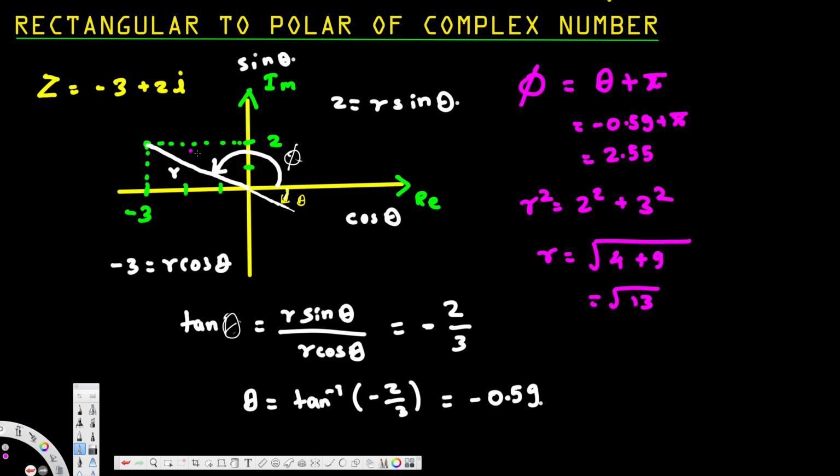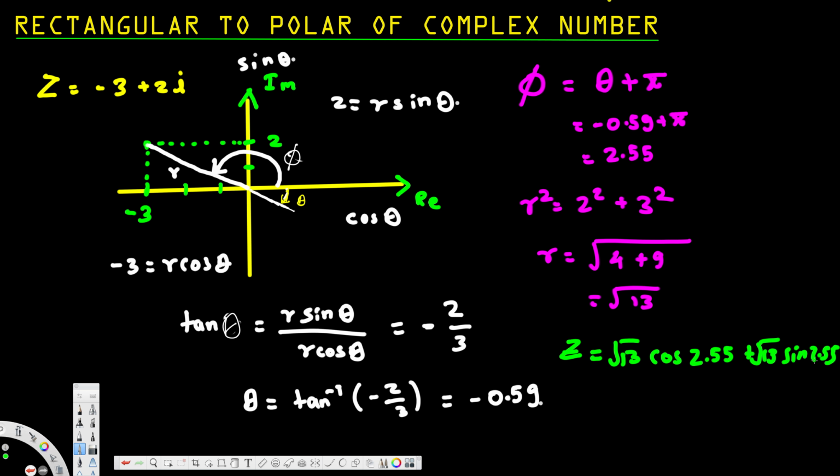Now we have the angle and also the r distance, so we can finally express our final answer as z. Therefore z is going to be equivalent to square root of 13 times cos 2.55 in the x-axis, and in the y-axis square root of 13 sin 2.55.